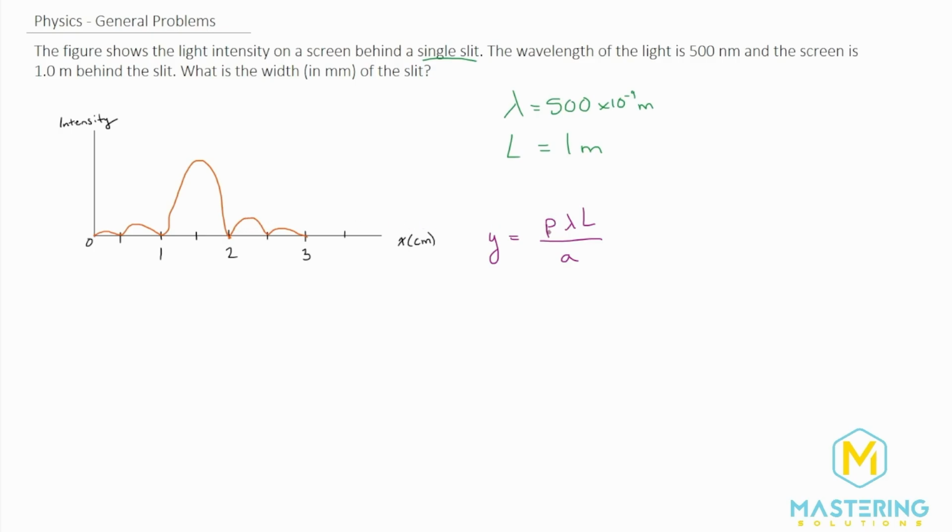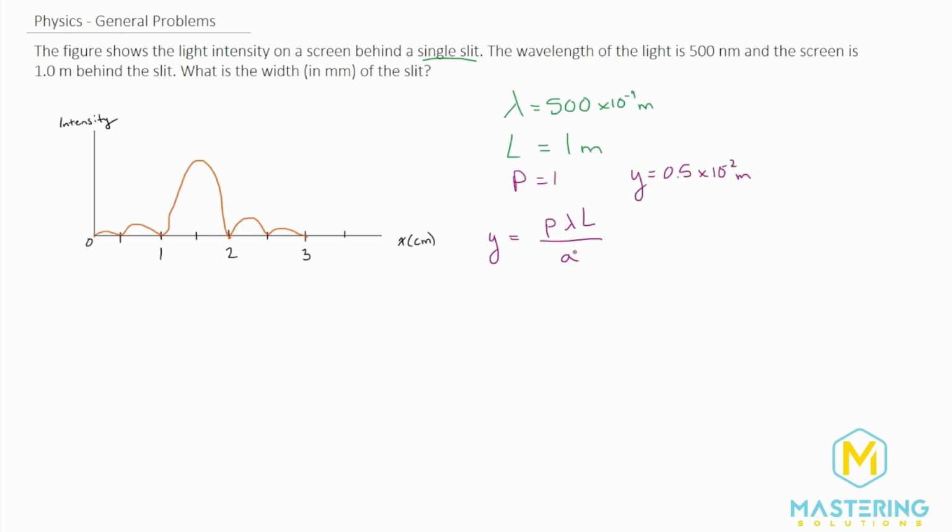So for this one, you can use p of 1, and we'll use the distance from the central max out to the first order minima, which is half of a centimeter. So p for the question will be 1, and y, which is that distance we just talked about, is half of a centimeter, so 10 to the negative 2 meters.